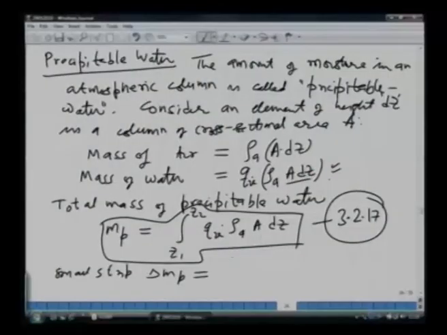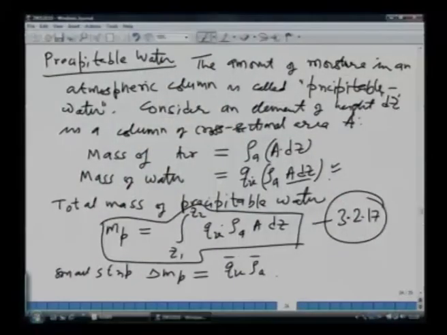So, we take the average quantities. The QV is varying as a function of height, so we take the bar, which represents the average quantity of the specific humidity. Similarly, we take rho A bar, which is the average density between those two heights, and then A times delta z is the volume. This we say is equation 3.2.18.